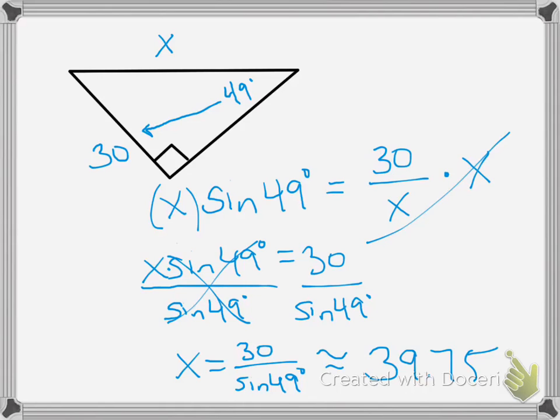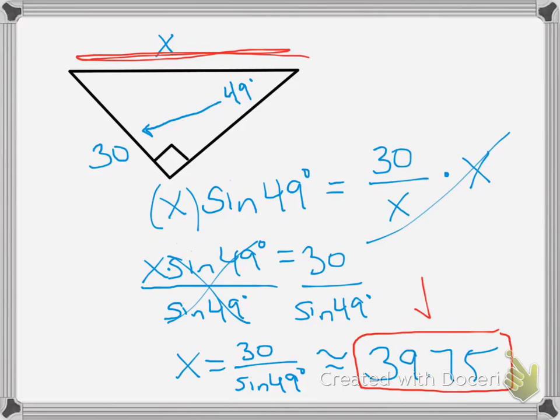Now, one thing that's worth checking in some of these examples, just to make sure you didn't make a calculation error or enter something wrong into the calculator, is that I have to understand the relationship of the number I got here to the other side length in the picture. We should know that x, being the hypotenuse, is going to be the longest side of the right triangle. So the fact that my answer is bigger than the other side given, 30, is a good thing.